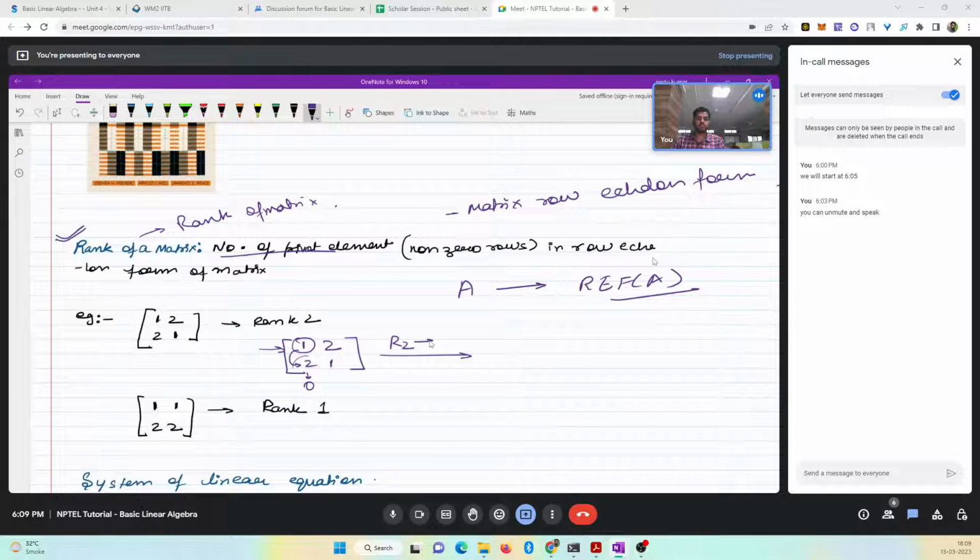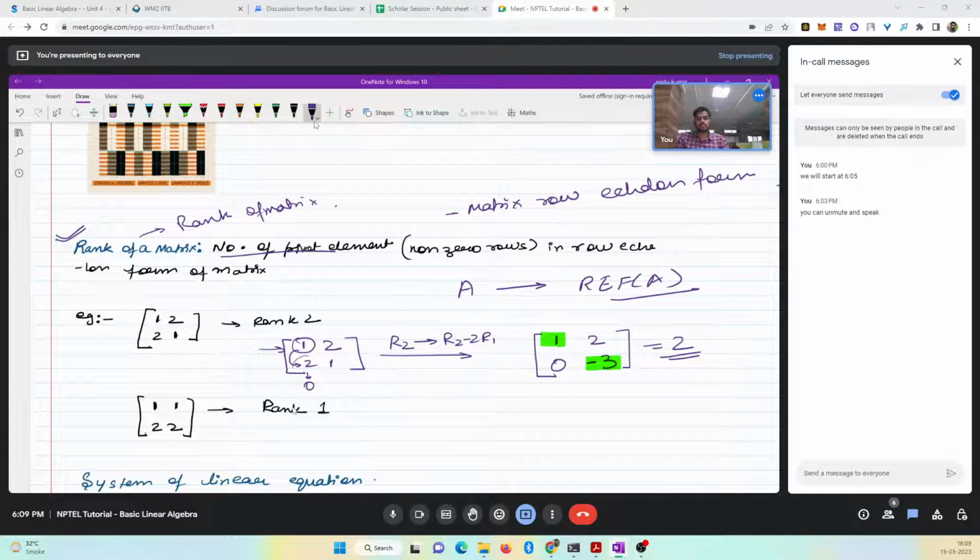So we take R2 to be R2 minus 2 times R1, right? What do we obtain? We get 1, 2, 0 and minus 3. So 1 minus 4 gives us minus 3. So if you count the number of pivot elements now, how many pivot elements do we have? 1 and 2. So the rank of this matrix is 2 in this case.